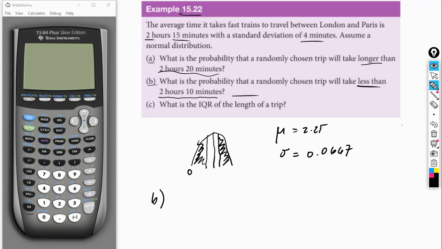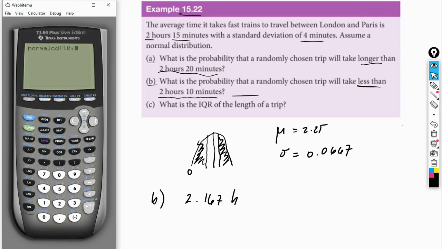So notice that 2 hours and 10 minutes is going to be 2.167 hours. So if we go to the GDC, we go to vars again, second vars, and number 2, the normal cumulative distribution function. And in this case, the lower bound is going to be 0.